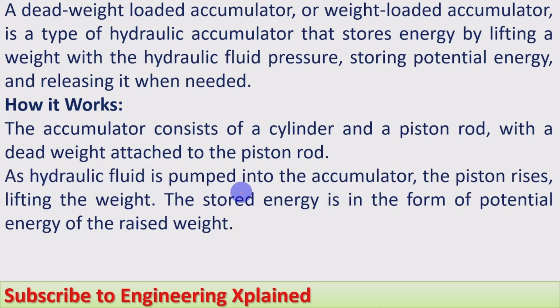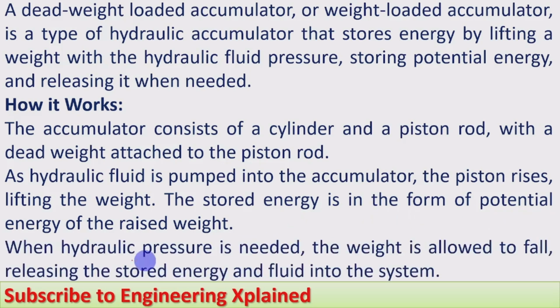As hydraulic fluid is pumped into the accumulator, the piston rises, lifting the weight. The stored energy is in the form of potential energy of the raised weight. When the hydraulic pressure is needed, the weight is allowed to fall, releasing the stored energy and fluid into the system.